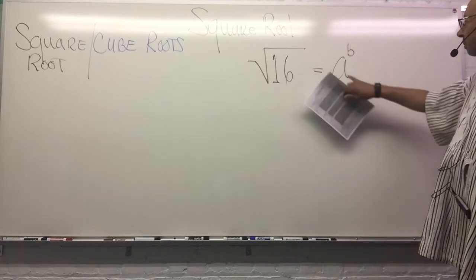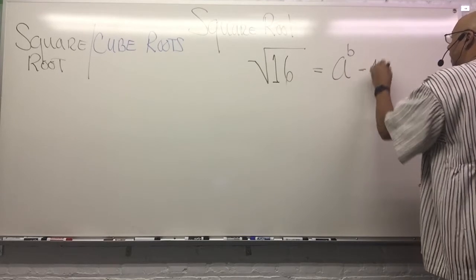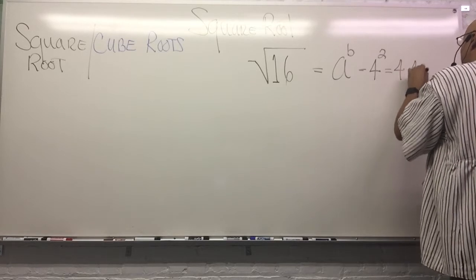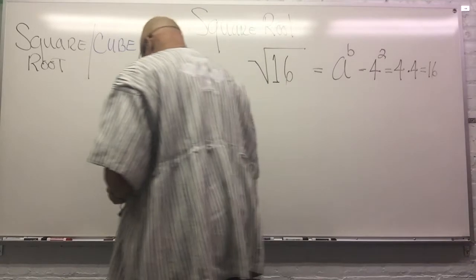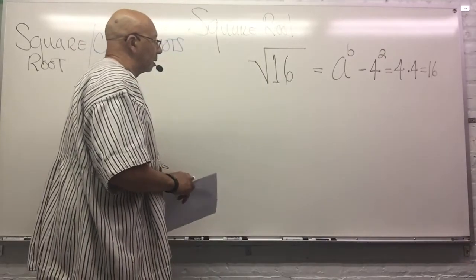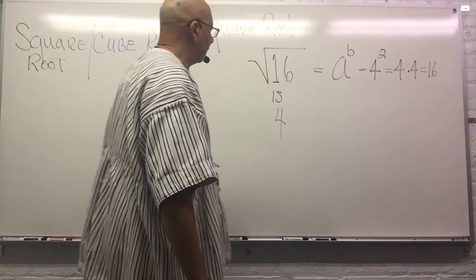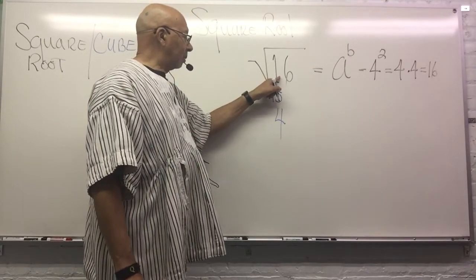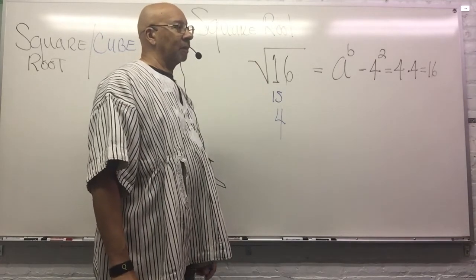So I can see that if this was 4 and that was 2, 4 to the second power means 4 used as a factor twice makes 16. So then I know that the square root of 16 is 4, because 4 times 4, or 4 times itself, makes 16.